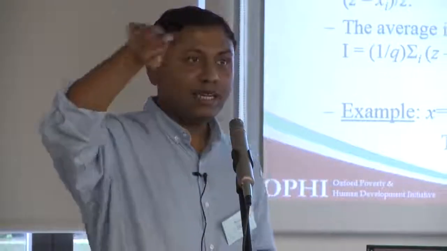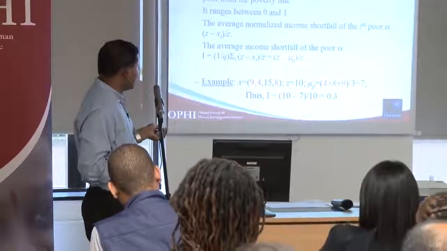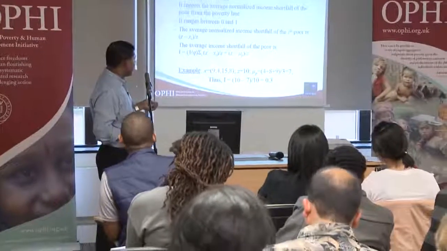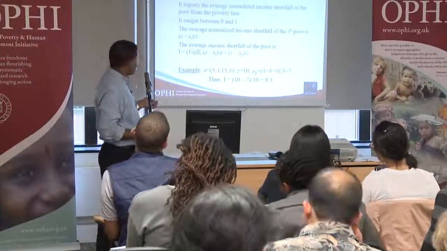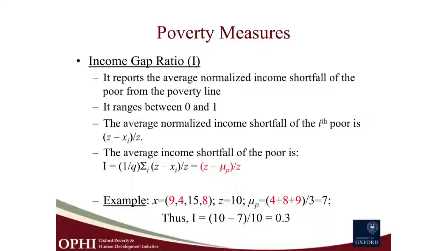Okay, so what is the idea? Say you have these 3 poor persons, with incomes 1, 2, 3, 8, 9 and 4, right? Now suppose one person becomes non-poor. Say this person becomes non-poor. Then let's see what happens. Then you are left with 8 and 4, right?